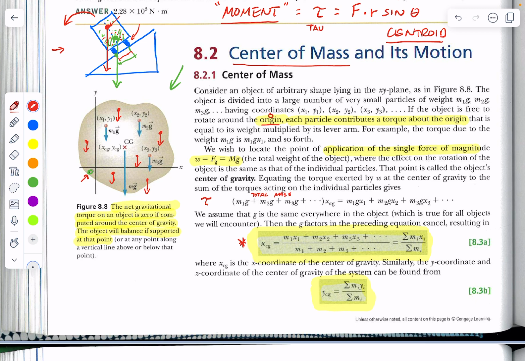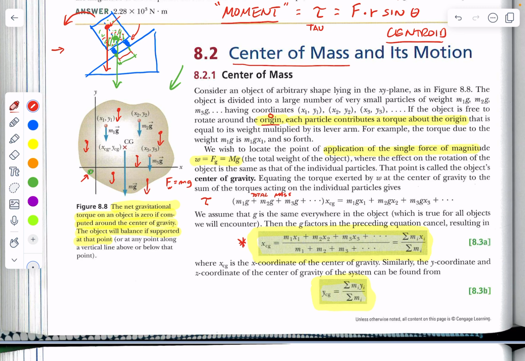So we could say that the total torque acting on this object would be the sum of all the forces, where your forces are the mass of each particle times gravity.